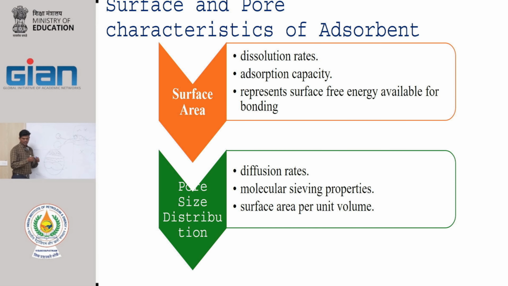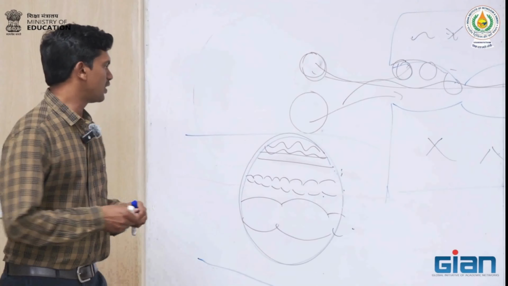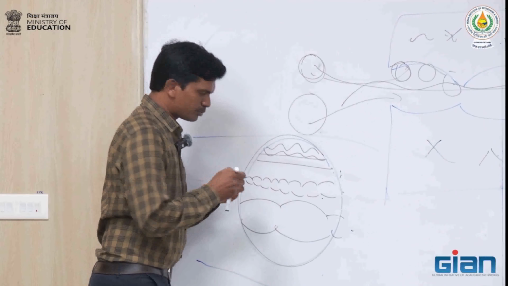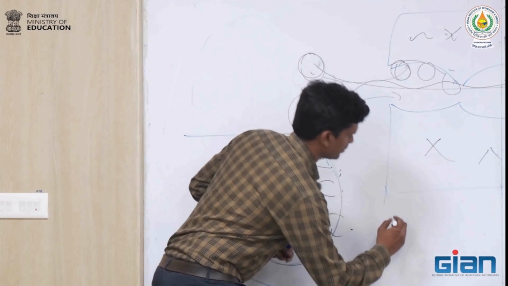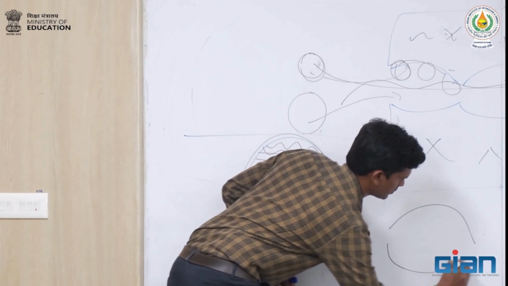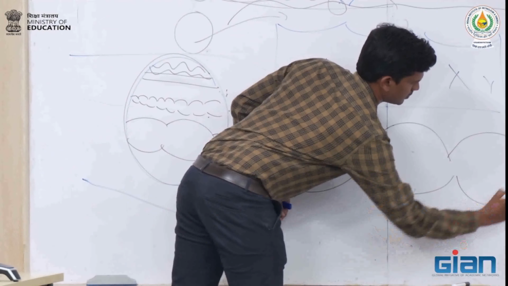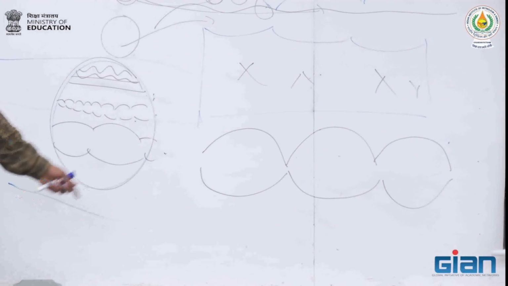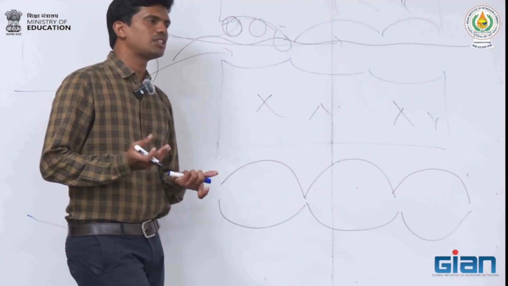Sometimes when we do the analysis, it says that large pores are available. Some pores look like this, right? So whenever you do the pore size analysis, it says that okay, big pores are available in the system.